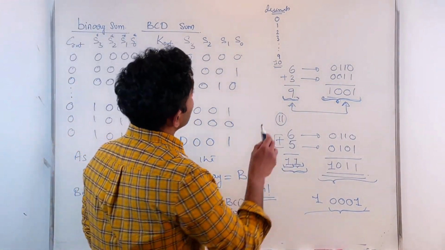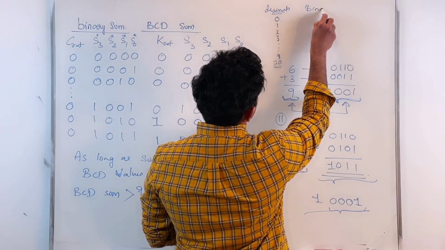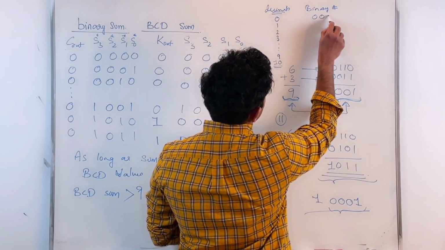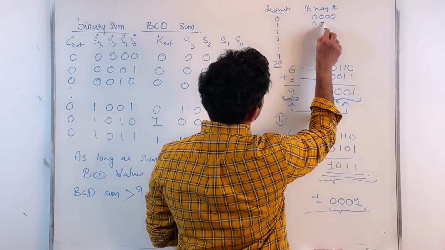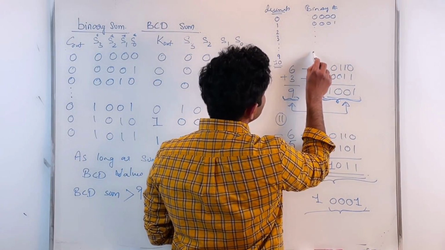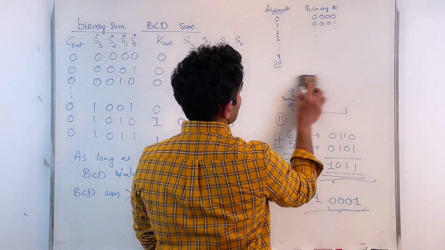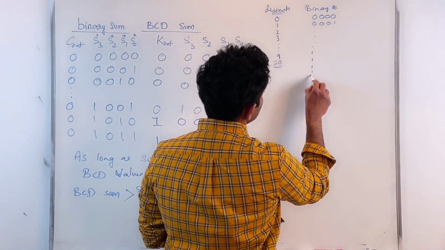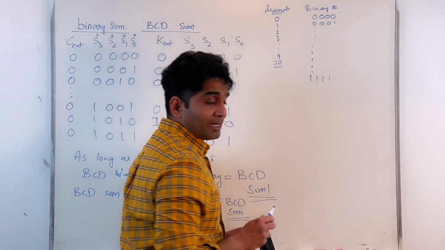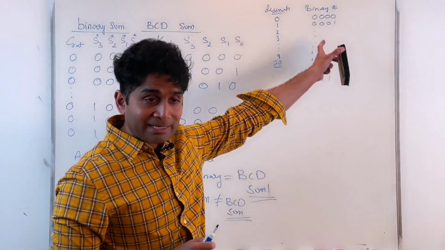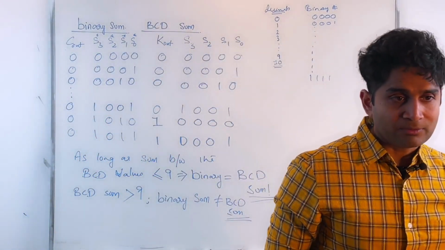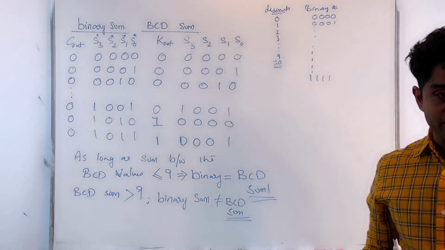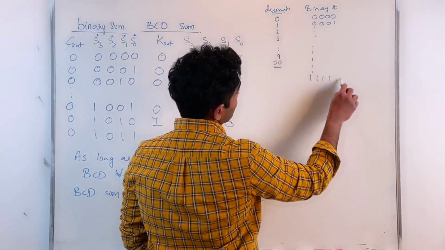In the case of binary numbers, I start with, let's say, 0, 0, 0, 0, 0, 0, 1, so on. 15 would be 1, 1, 1, 1. I start producing a carry out only after 15, for the 4-bit binary number.